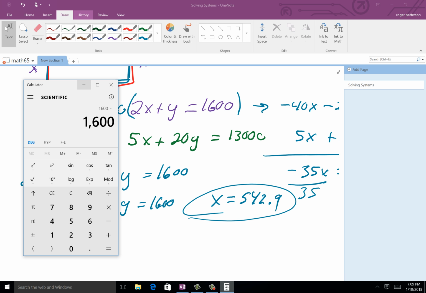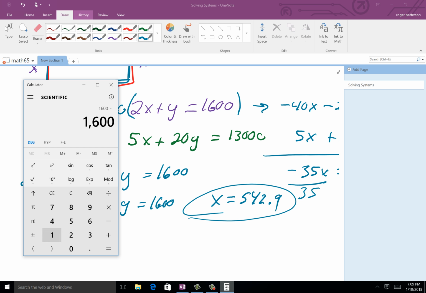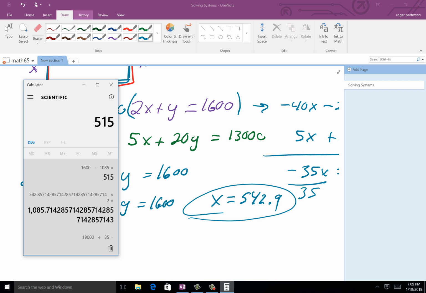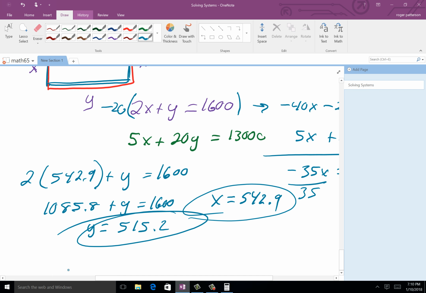Minus, I forgot what it was. 1085. $515. How about that? That's pretty. 515. It was a 0.2. Okay. How about that? I don't know if it just turned out messy, I guess. But that's it. Alright, so 15's like that. And then 18, 19, and 20 are kind of in the same idea as far as the structure of it.